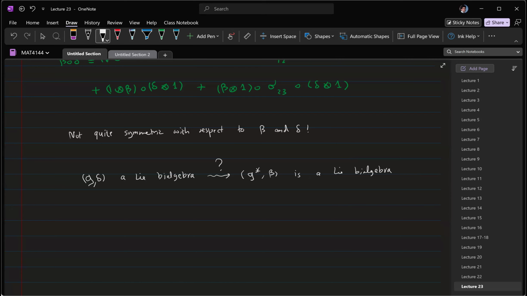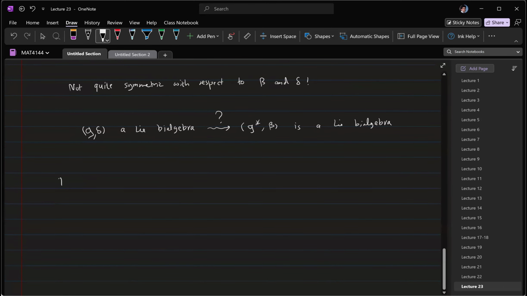So let me first define these Manin triples and then explain why Manin triples are the same thing as Lie bialgebras. So here's the definition.